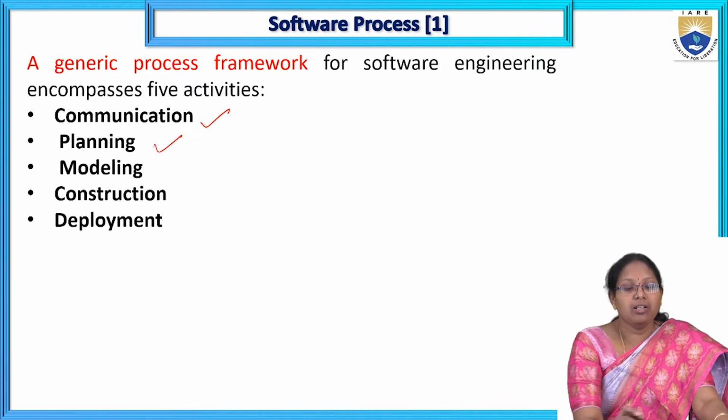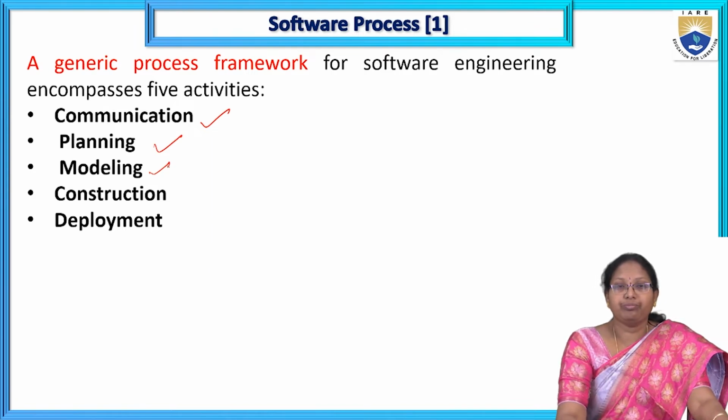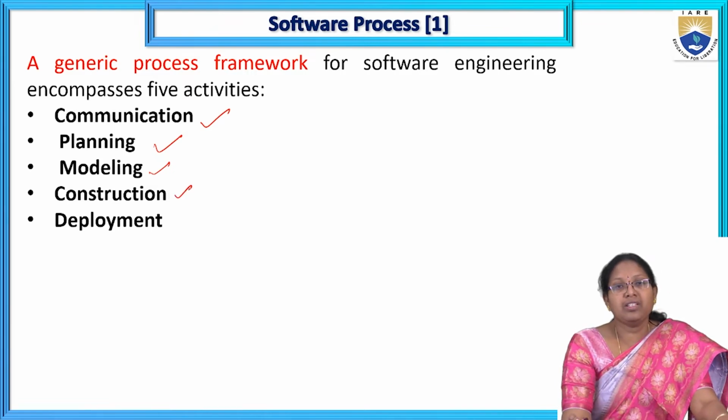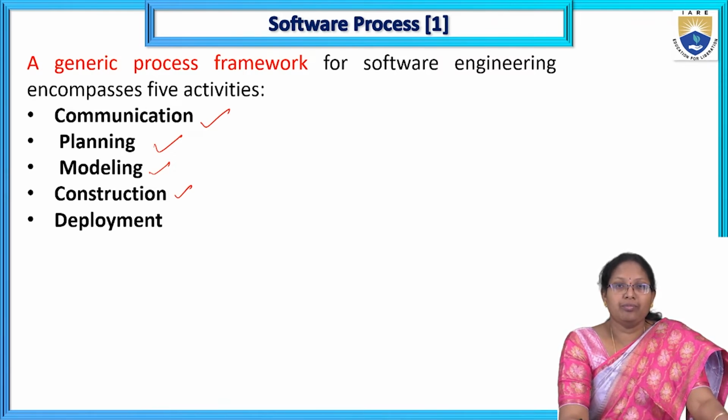Next framework activity is modeling. Once planning is over, based on the planning, designs or models are created. Once the models are created, then they go for the construction phase. By seeing the models, the construction is very easy in the normal generic software process or normal engineering.